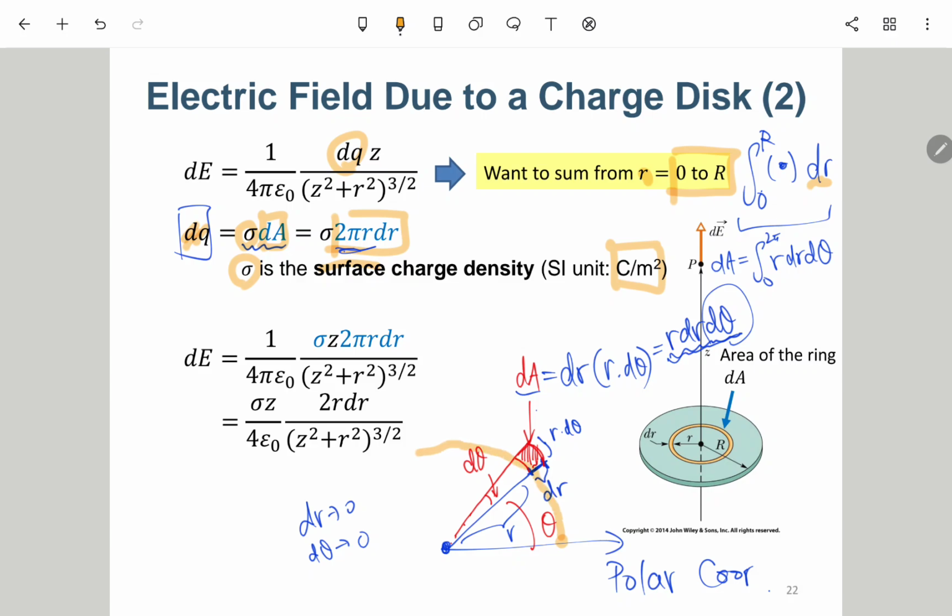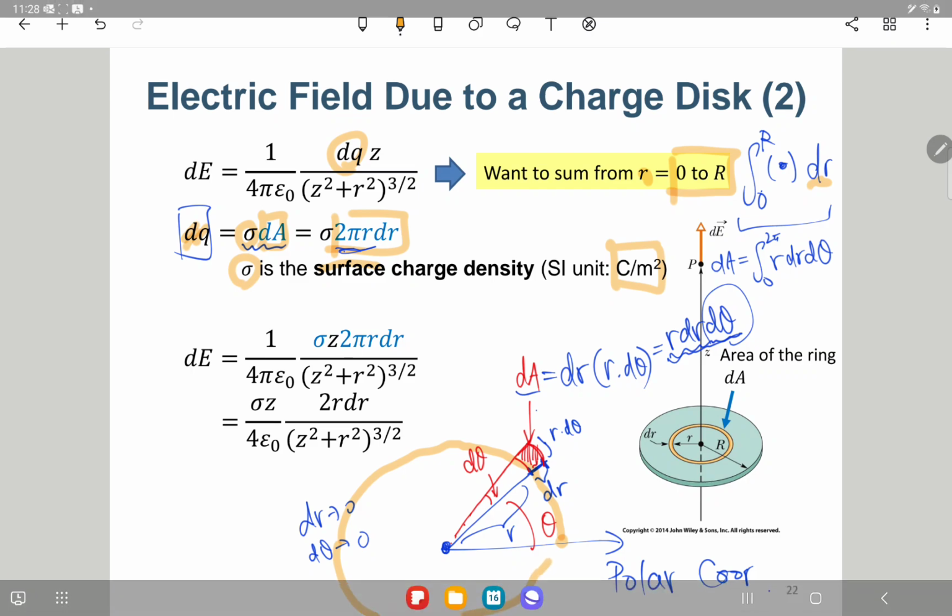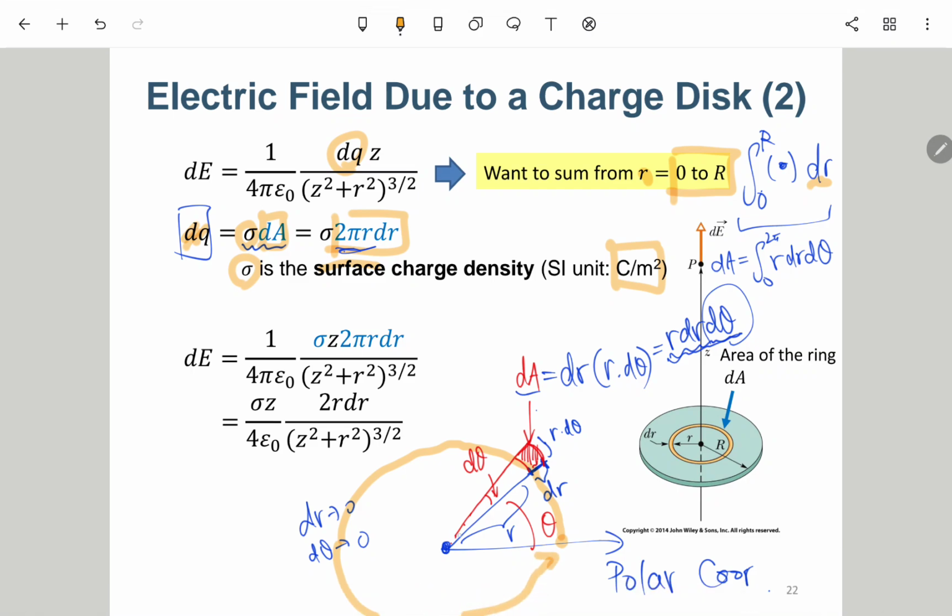This is pi over 2, and then pi, and then come back to here, so this angle goes all the way to 2 pi. That's why we integrate d theta from 0 to 2 pi.